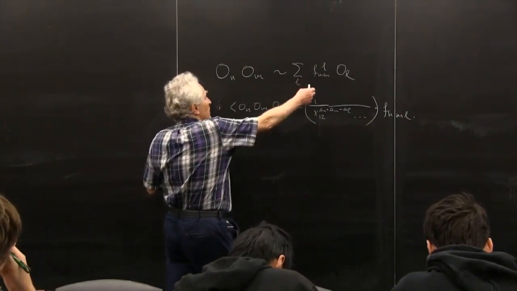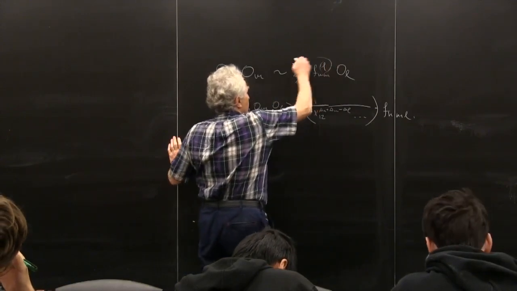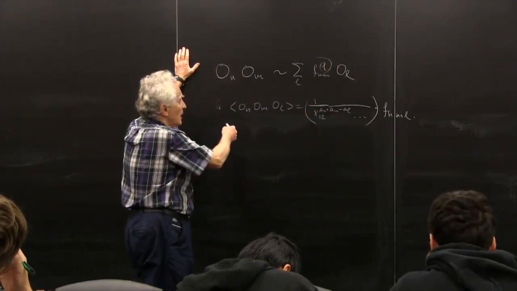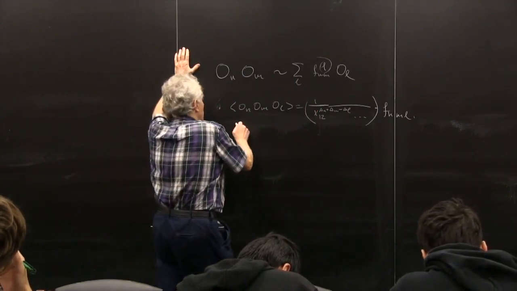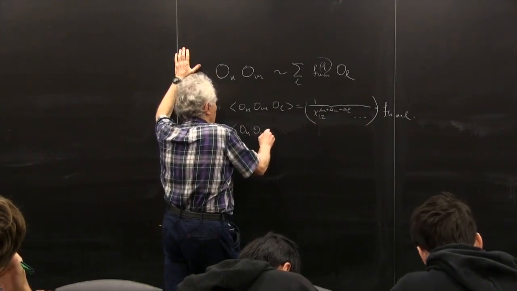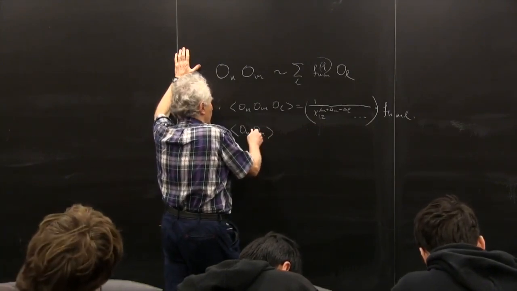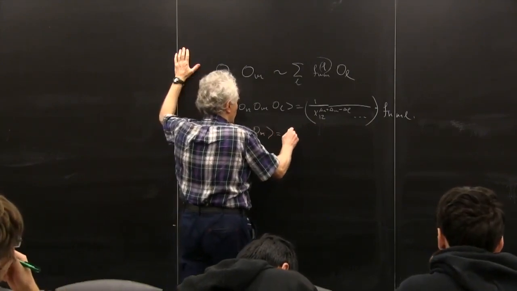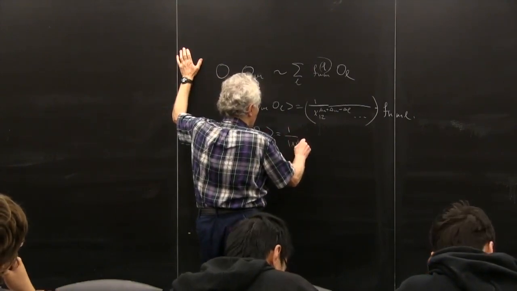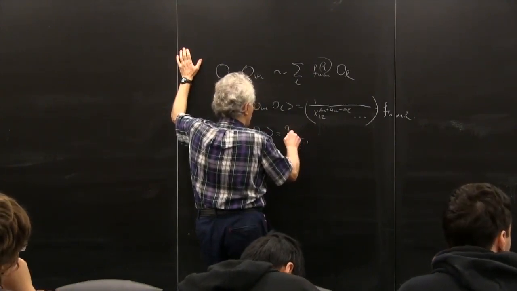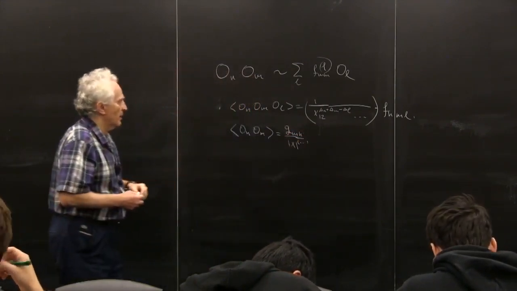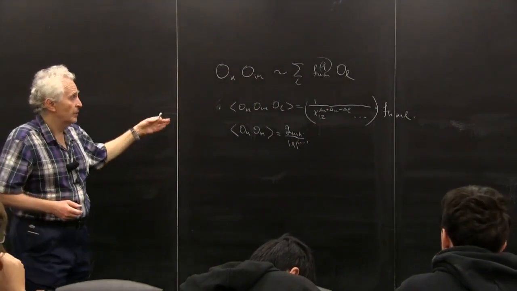In principle, I put this index on the top. Sometimes it's convenient to introduce the metric by taking the two-point function, which again is 1 over x to some power, and you have g_MN.